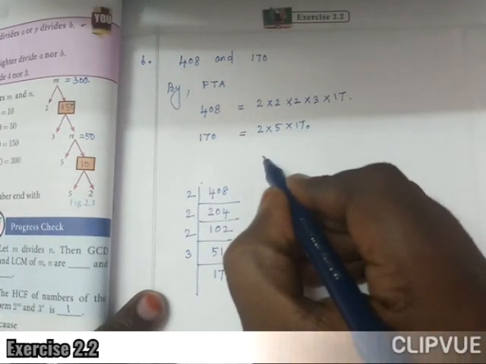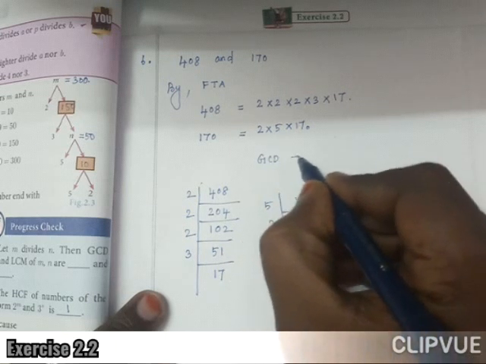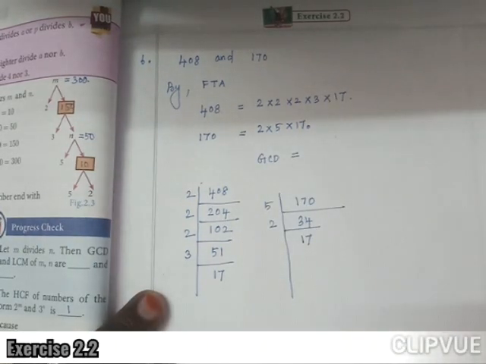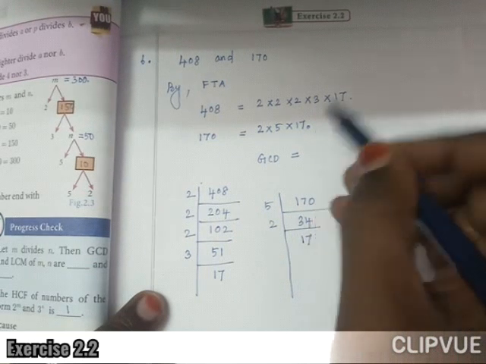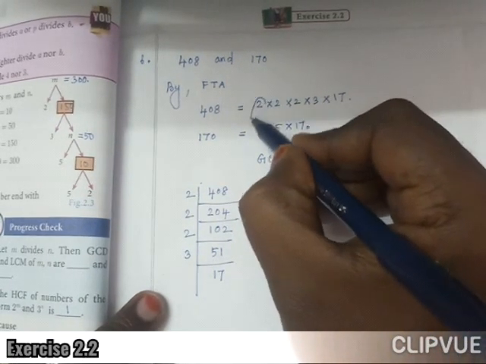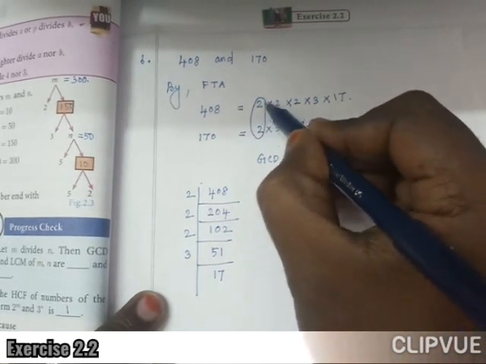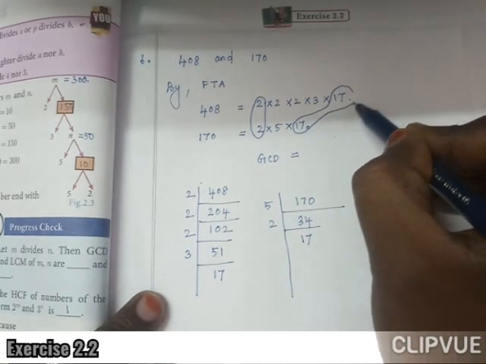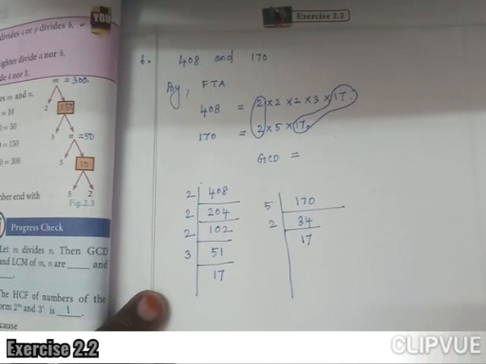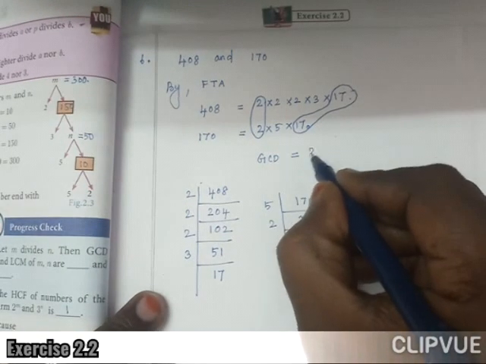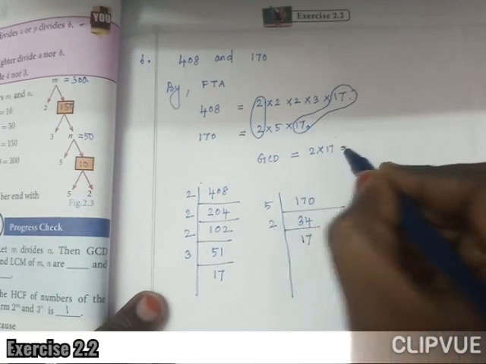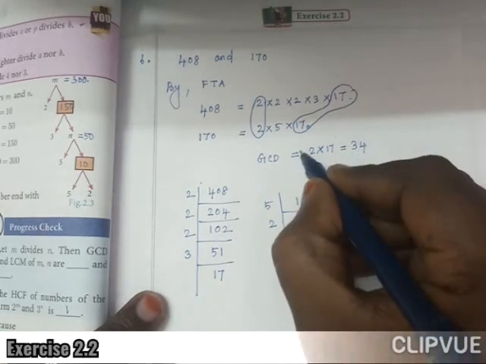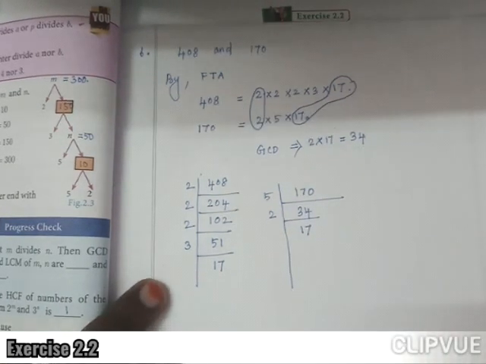First, the GCD, the greatest common divisor. The common divisors are 2 and 17. So 2 into 17 is equal to 34. GCD is equal to 34.